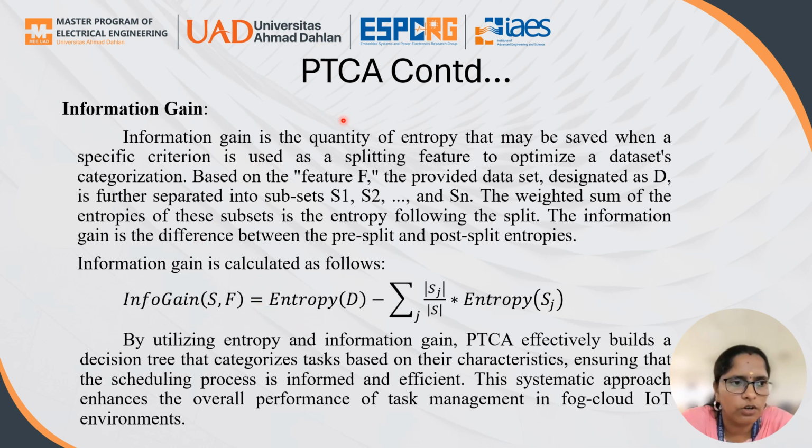That means a parameter or feature that is not required, or not in the proper order, will be taken for the entropy calculation. The information gain gives the quantity of entropy that may be saved when the specific criterion is used in the splitting feature to optimize the dataset categorization.